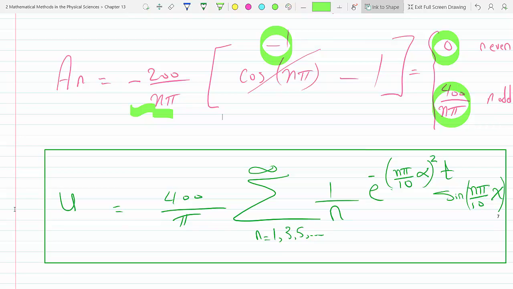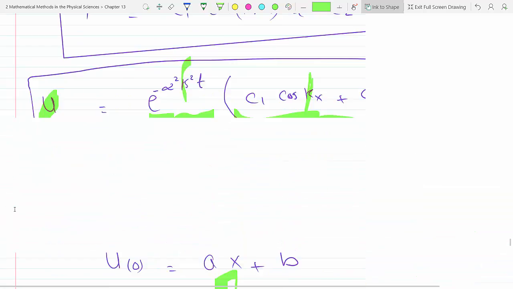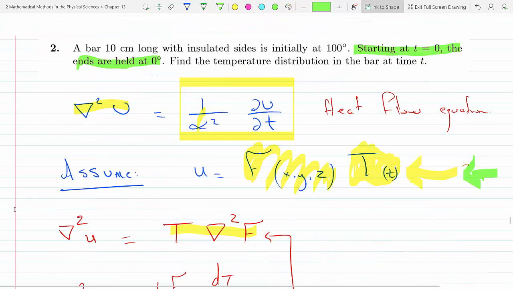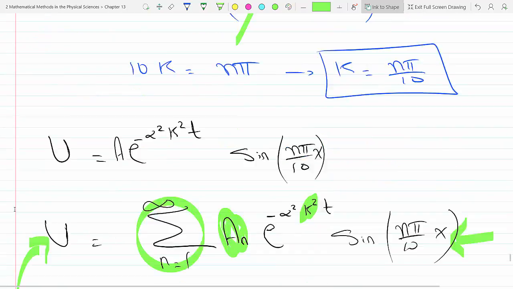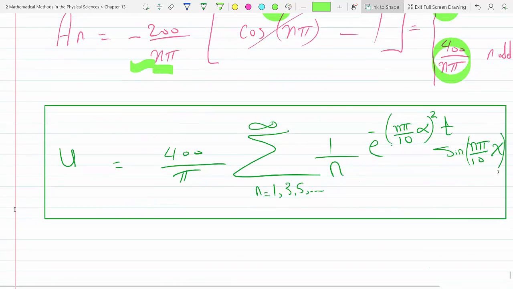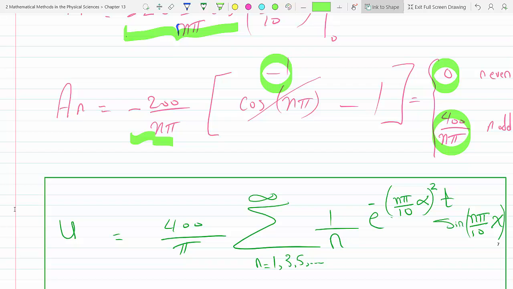So this would be the final solution that would give you the heat distribution, the temperature distribution in the bar at time t. Meaning once I know this, if you were to give me any time, I could tell you exactly what the temperature will be at any point along the bar between 0 and 10 meters.